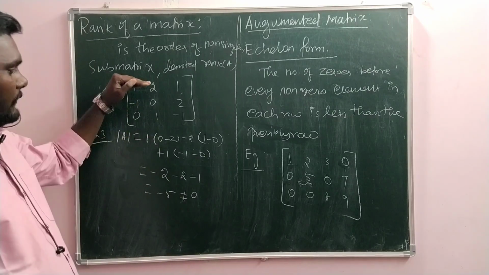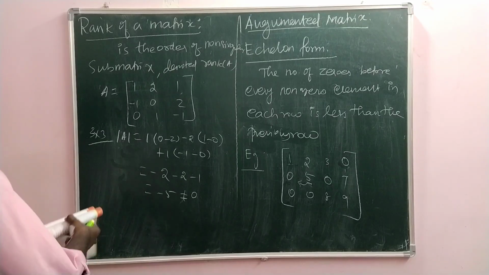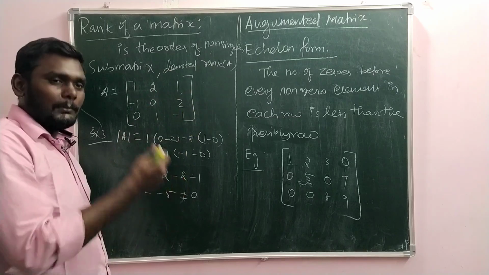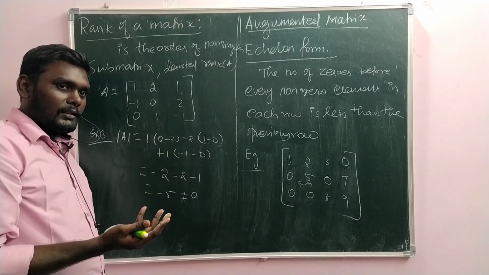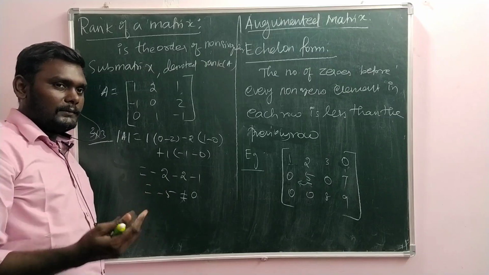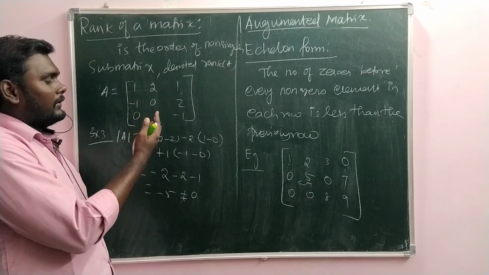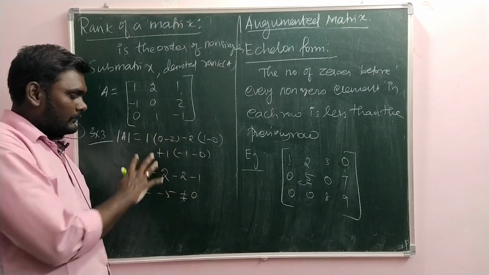Suppose this determinant gets 0, then we should go for the next submatrix. What is the next possible order of submatrix? A submatrix is a square matrix, right? Then a 2 by 2 matrix you can write.